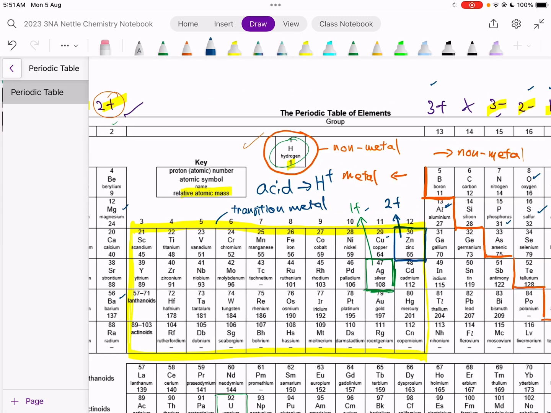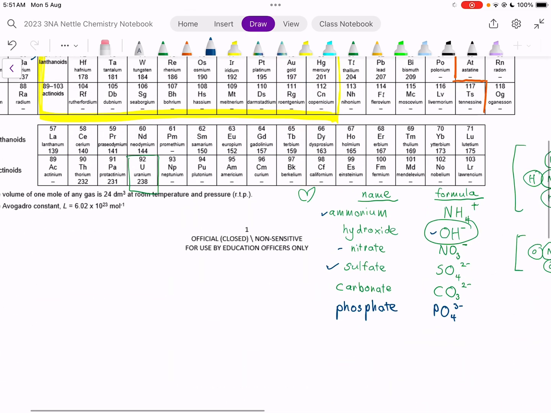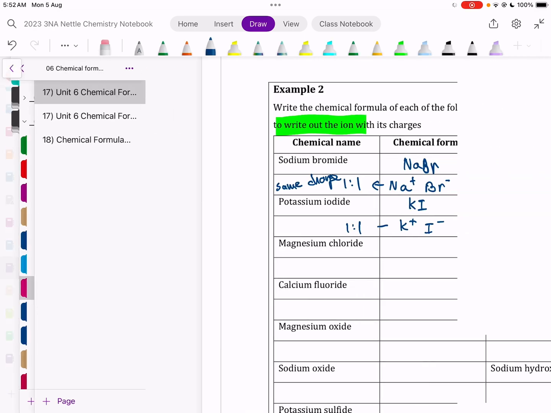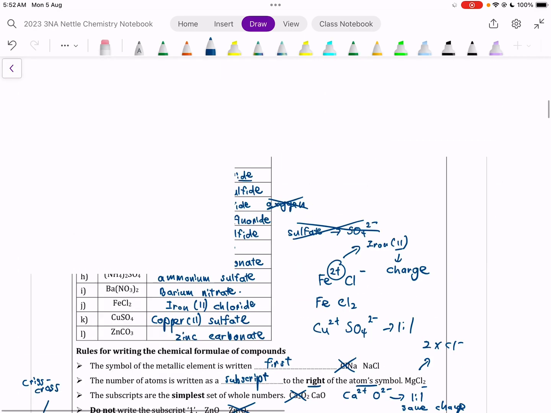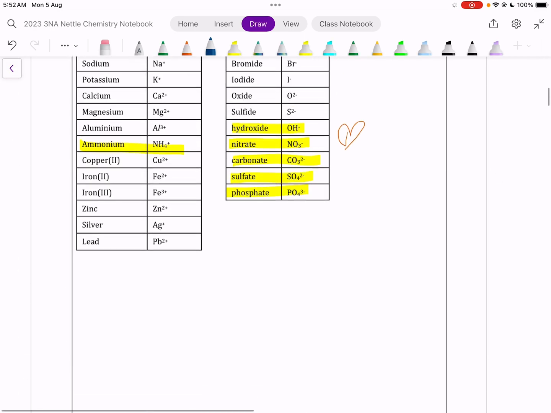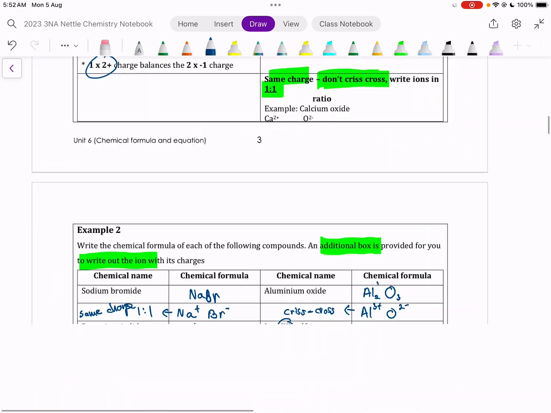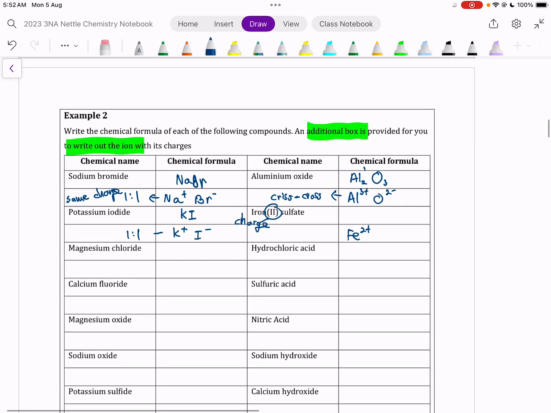See your periodic table or the earlier notes, you will see that it's SO4. You can go back to page 2 to see also. Sulfate is here. This SO4 is 2 minus, so you write down 1 to 1. So this one answer is FeSO4.